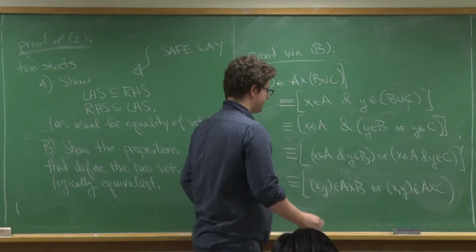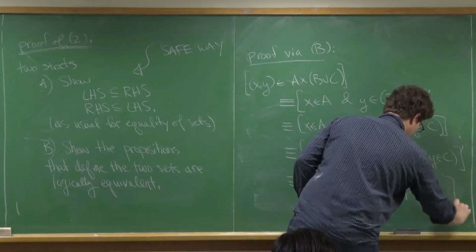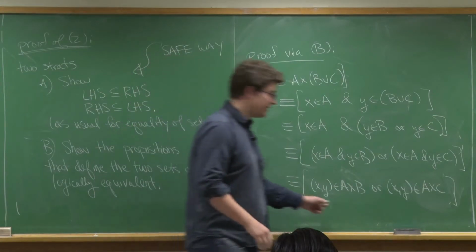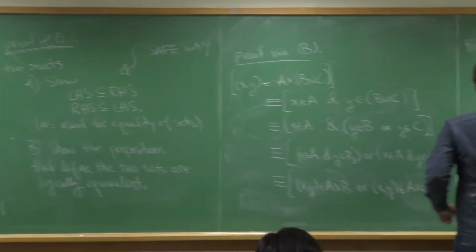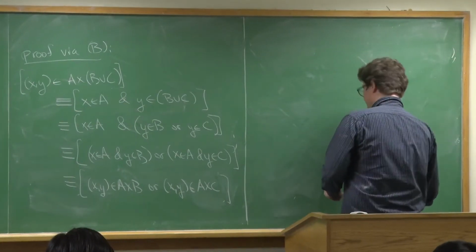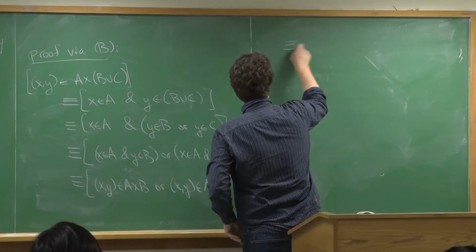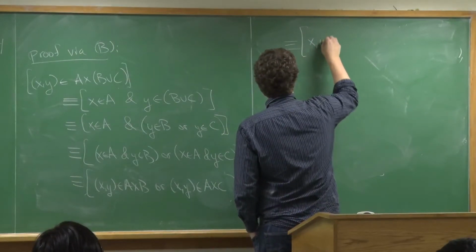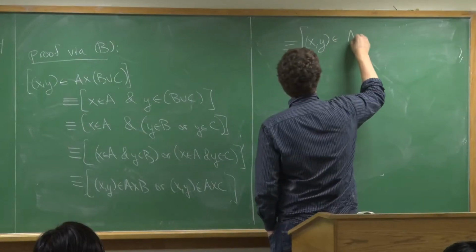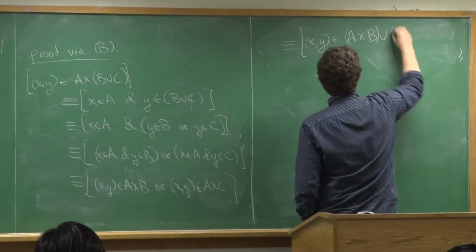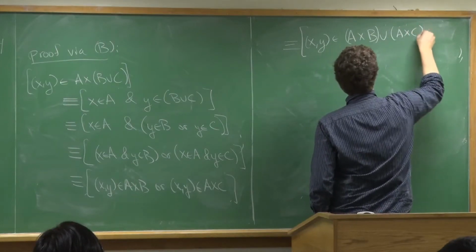And what can I do now? Rewrite it as a union, right? Yeah. So now we can just rewrite that as a union. So this is equivalent to (x, y) is an element of (A cross B) union (A cross C).